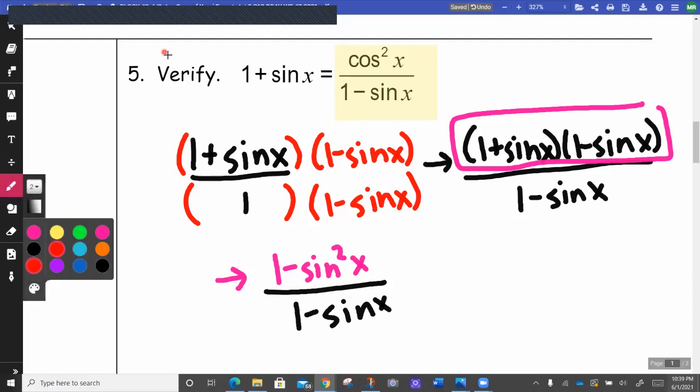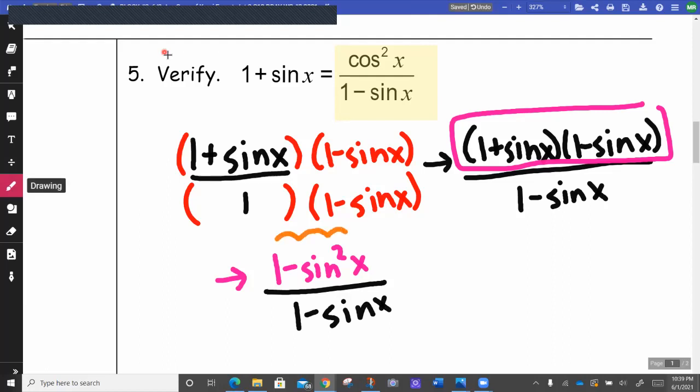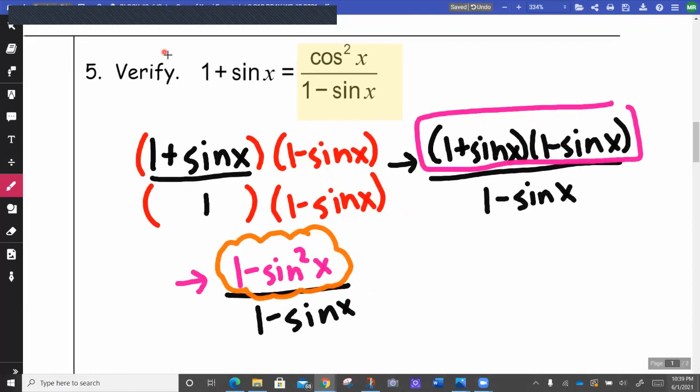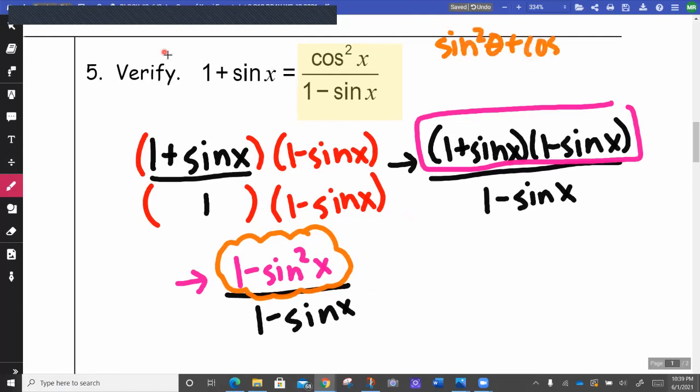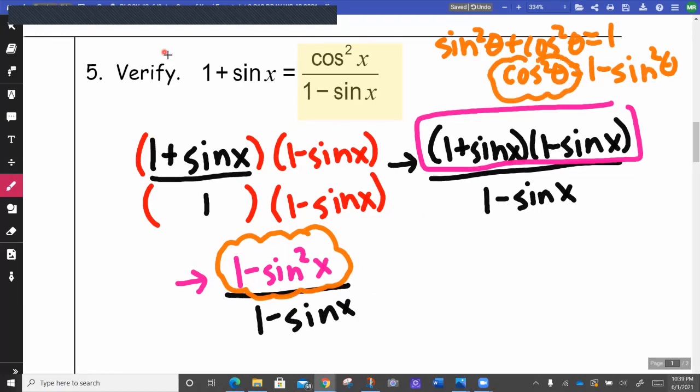And then when I'm looking at this, this comes from our Pythagorean identity. So remember our Pythagorean identity, I'm going to write in orange up here, sine squared theta plus cosine squared theta equals 1. So if I was to keep my cosine squared theta here and subtract my sine squared theta, you see that cosine squared theta is the same as 1 minus sine squared theta.